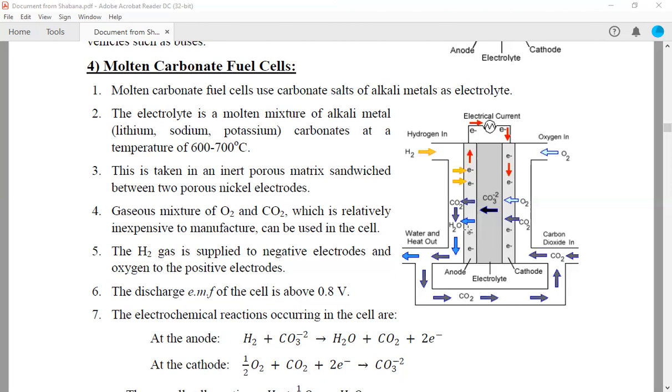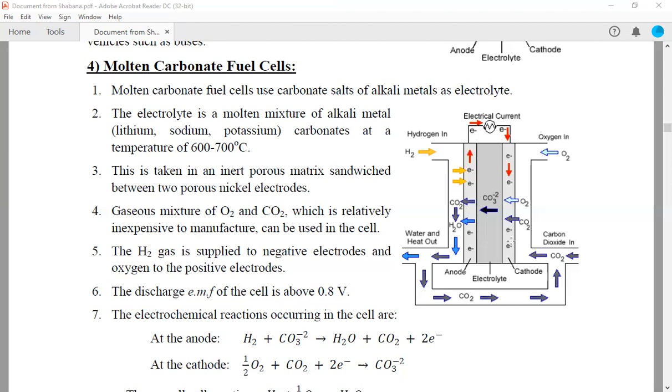The cathode consists of porous nickel, which is converted into lithiated nickel oxide. The electrolyte consists of sodium potassium carbonate supported by the ceramic matrix to maintain the liquid between the cathode and anode.